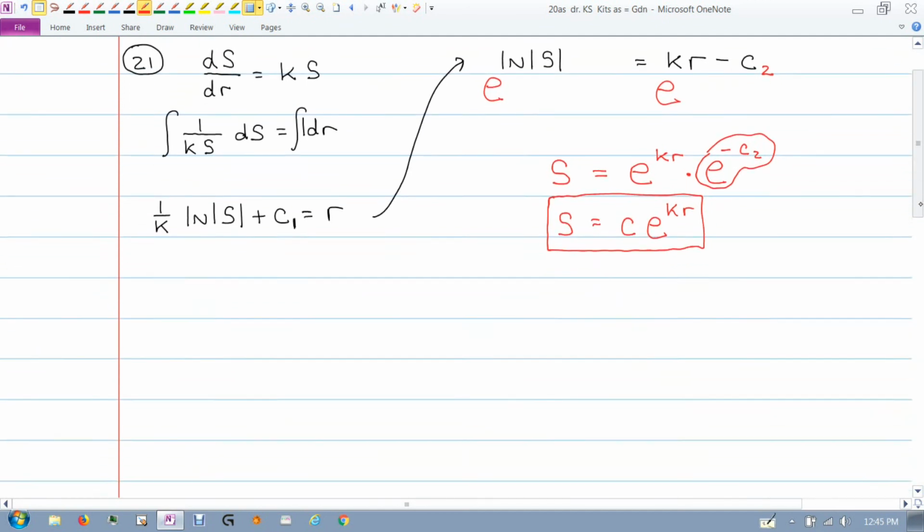All right, moving along. 22. dQ over dt equals k times Q minus 70.